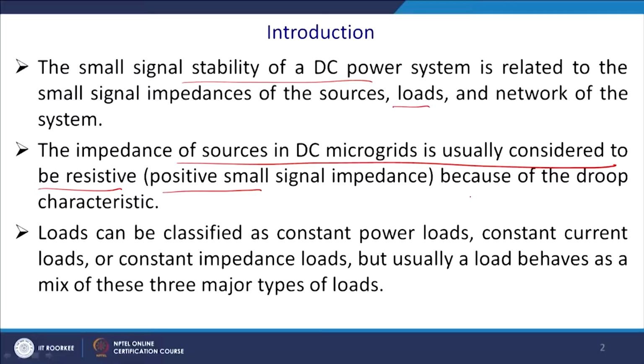Also, loads can be classified, as we have discussed several times before. Constant power load is quite a nasty kind of load. Also there is constant current load, which takes a constant amount of current irrespective of voltage, in battery charging kinds of applications maybe.